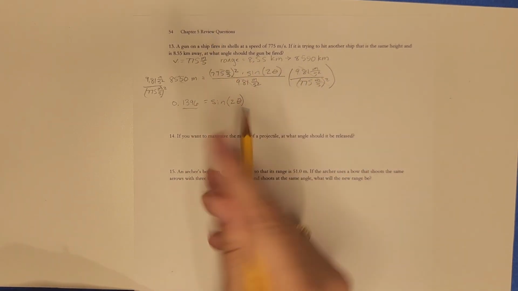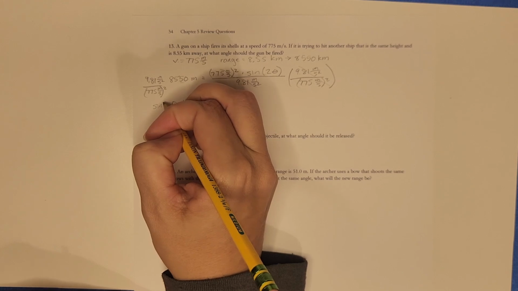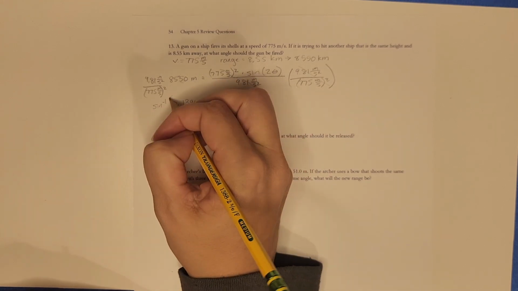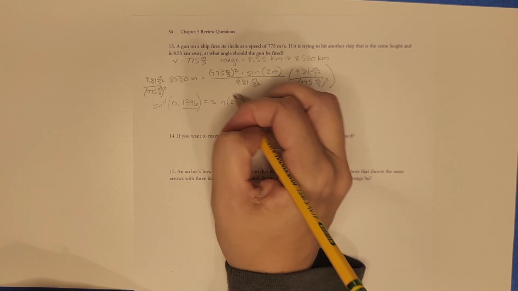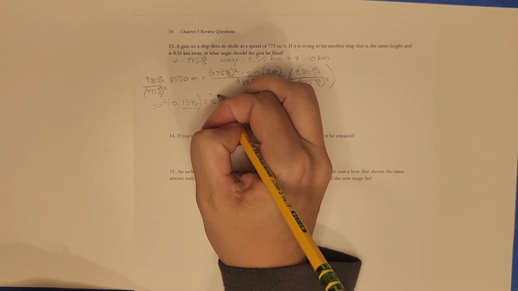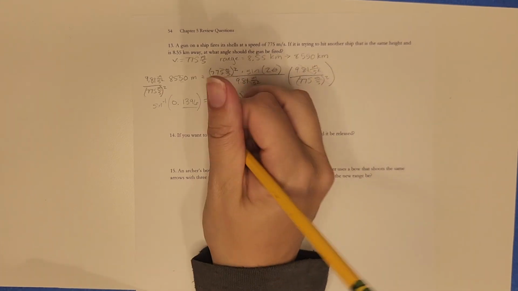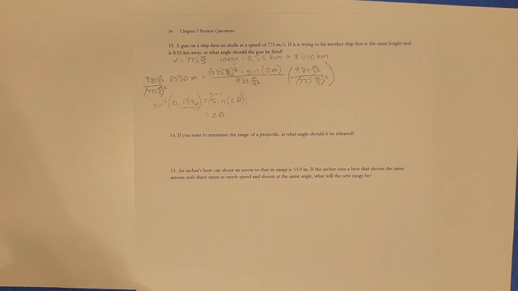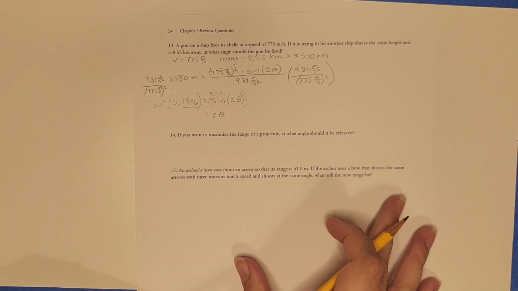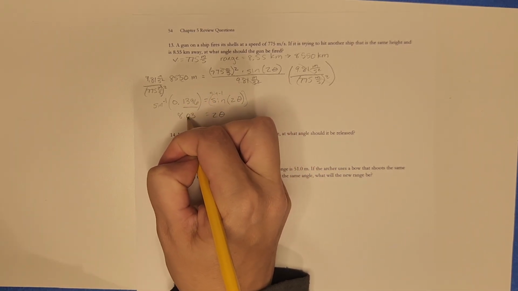All right, and so what we're going to do with this then is we're going to take the inverse sine of this, and so if we do that here, sine -1 of all this, you're going to end up with 2 times the angle on this side, and 8.03 here.